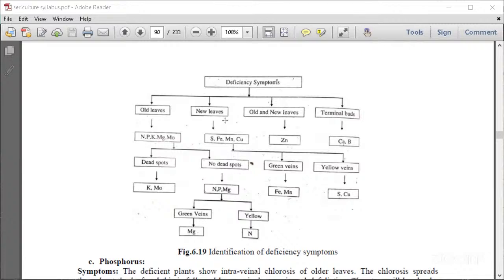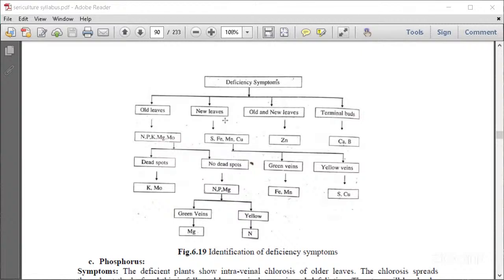How to control? Application of gypsum or ammonium sulfate at the appropriate dose is recommended for the correction, and also Factamfos 15 percent or zinc sulfate 15 percent can be used.